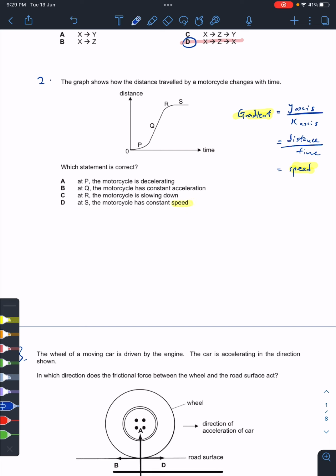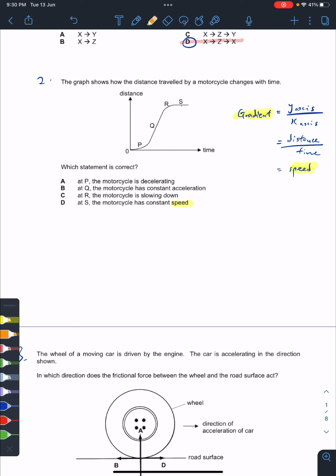Okay, so let's take a look. Look at D first, because D literally has the word speed. Let me use the colors.